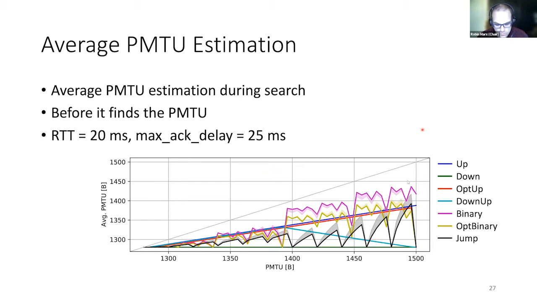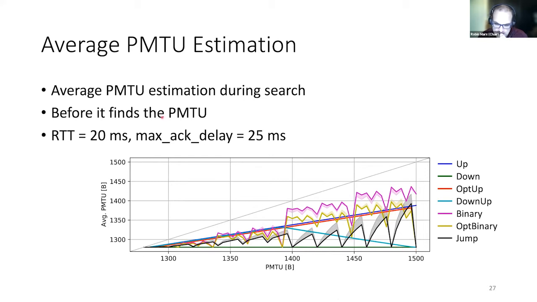So what we see here is that the binary algorithms find a rather good estimation before they find the final PMTU, and that the downward algorithm doesn't change its MTU estimation before it finds the final PMTU.